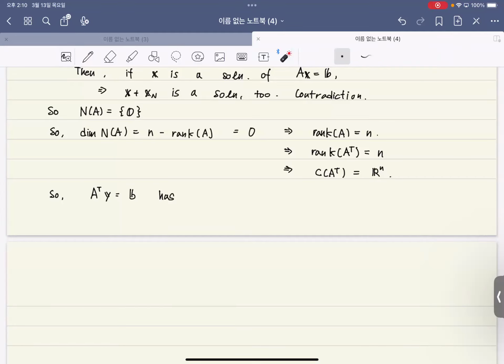So A transpose is n by n, and the column space of A transpose is the whole Euclidean space Rn. Therefore, for any choice of b, you can find at least one solution, for all b in Rn.